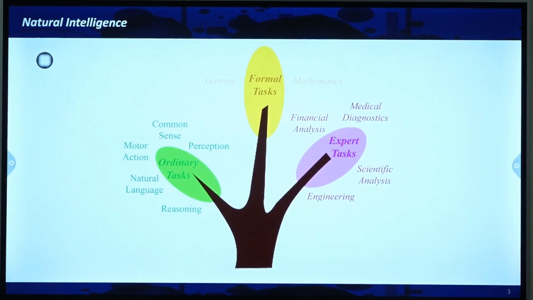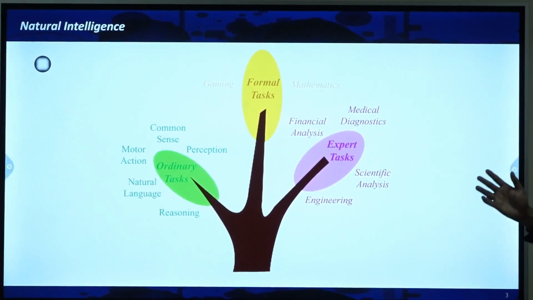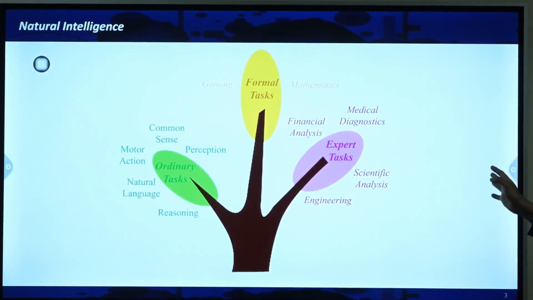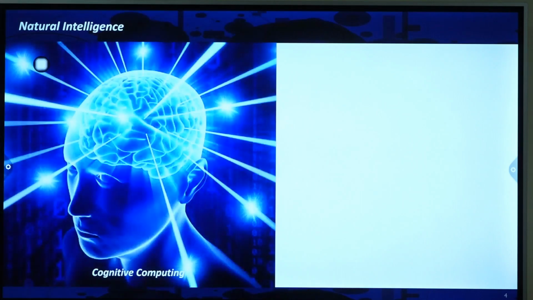Natural intelligence evolves over millions of years, but artificial intelligence has evolved in only the last 30 years, and now it is on an exponential trajectory. You can kind of see how artificial intelligence is going to overtake natural intelligence very soon, if it has not already done so. Okay, but anyway, so that's one aspect.